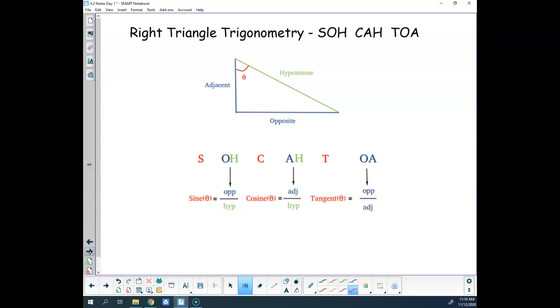That's the SOH part. CAH: the cosine of that same angle is the adjacent side divided by the hypotenuse. And tangent is opposite over adjacent. So we're going to utilize that today as we go through.